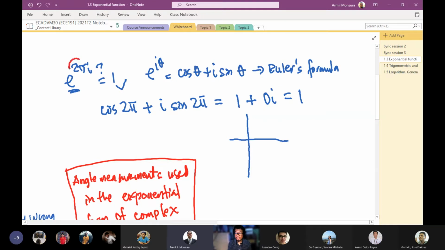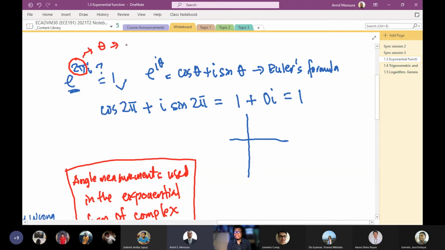The angle here is still theta, which is of the same definition of the angle that is defined when we discuss the polar form.